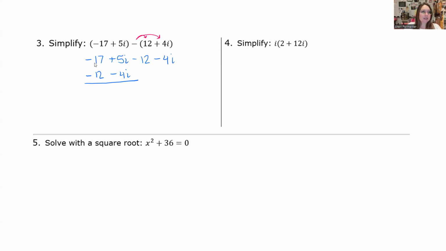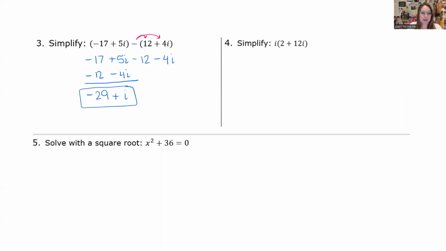What is negative 17 minus 12? It's getting more negative. And you could use a calculator. Negative 29. 5 minus 4 is 1. And you don't have to write the 1, but you can. You could also just write i.